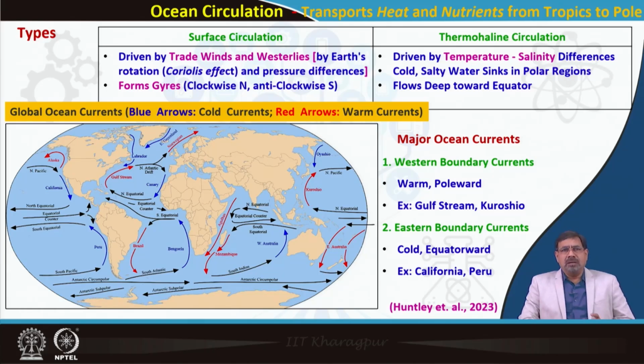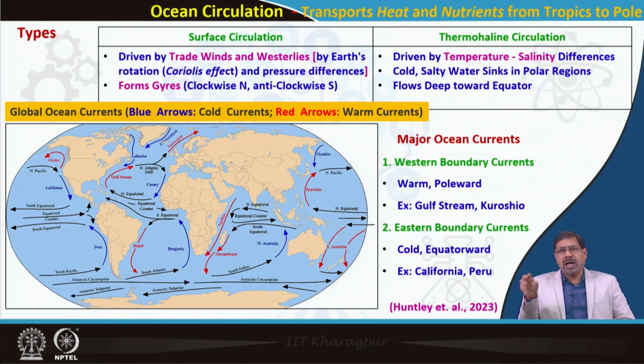So the moment we talk about surface circulation, we understand that it is mostly driven by the trade winds and the westerlies, which are in turn driven by the Earth's rotation and pressure difference, and also takes the form of gyres. Gyres are rotating eddies that could be in either direction, clockwise or anticlockwise.